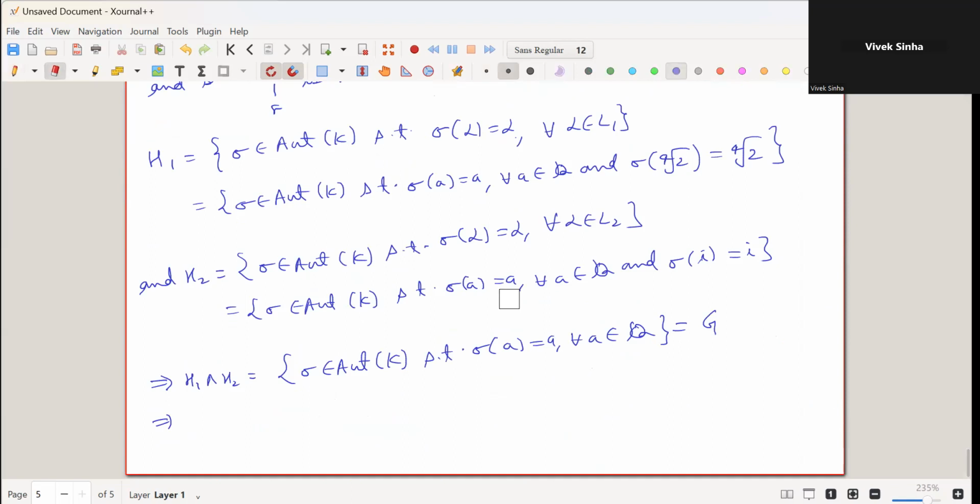Oh, no. Intersection means it will fix fourth root of 2 and iota both. It is not union, it is intersection, right? So it will satisfy the conditions of both the subgroups.